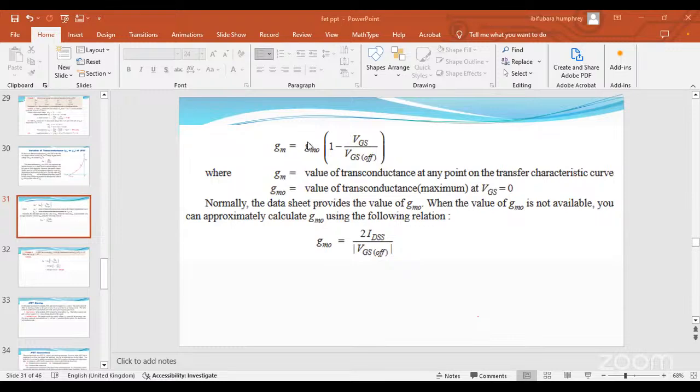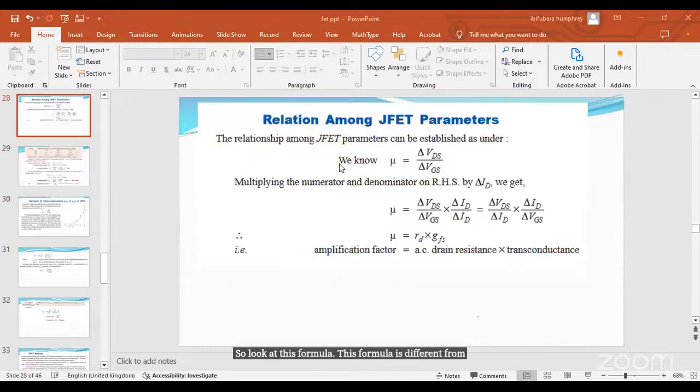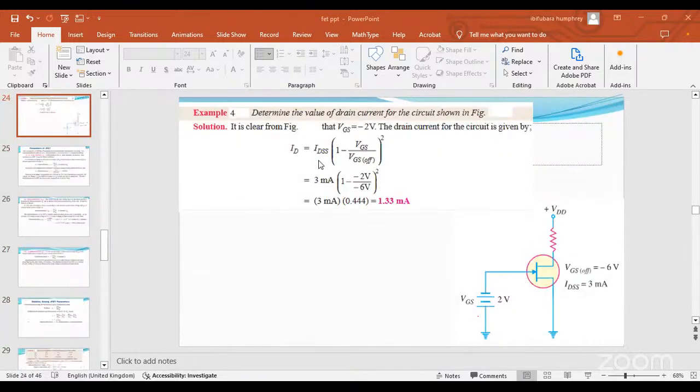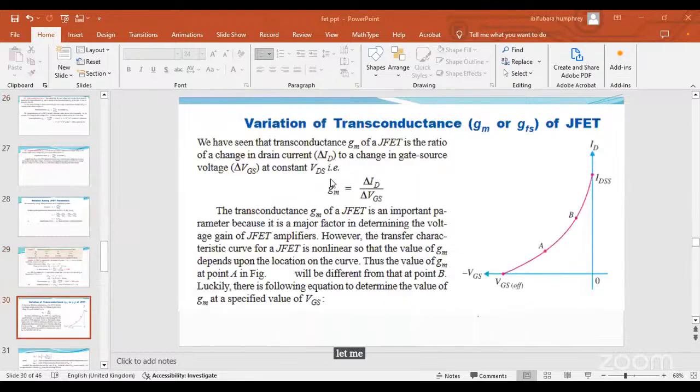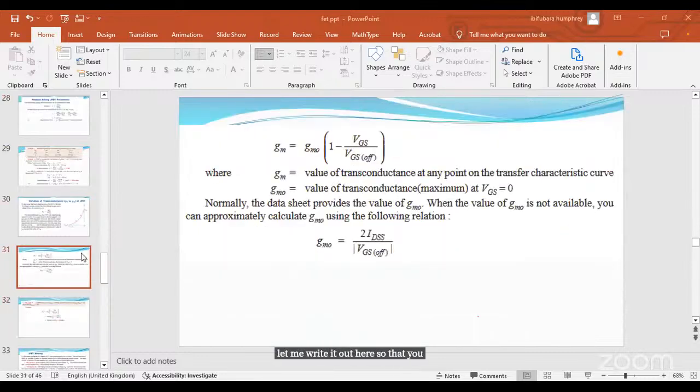So look at this formula. This formula is different from the ID formula. Take note of this. Let me write it out here so that you see it compared.